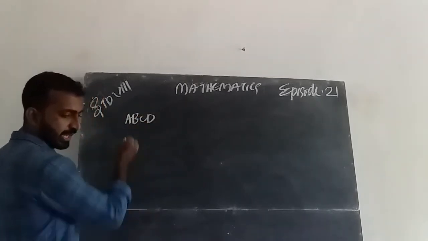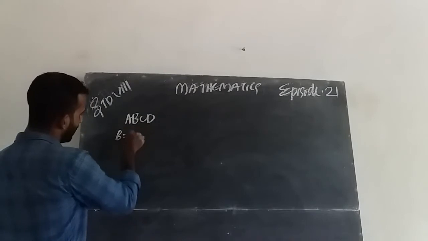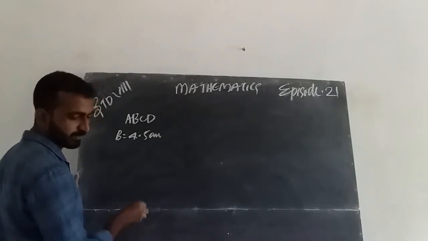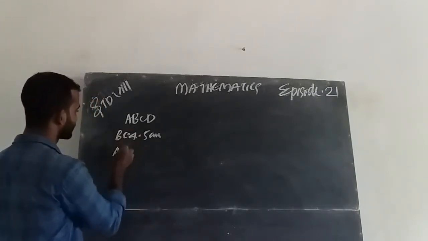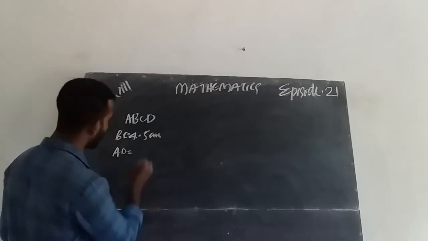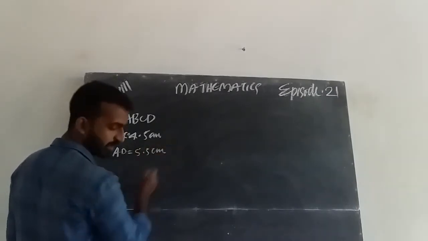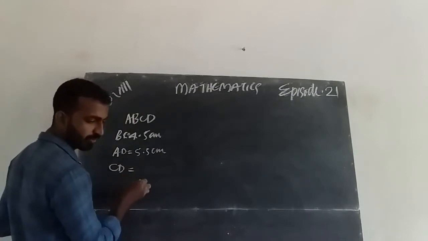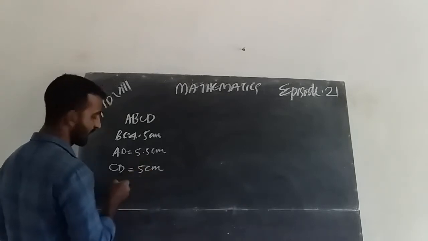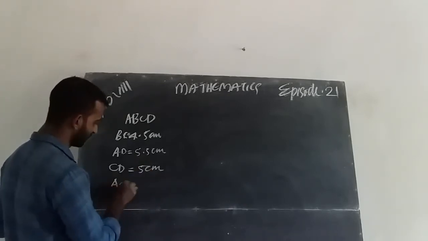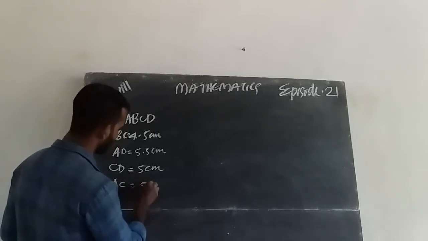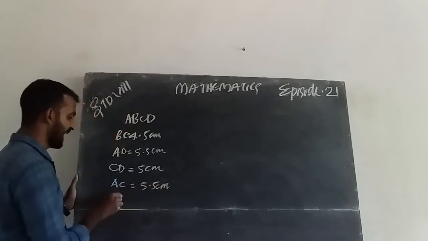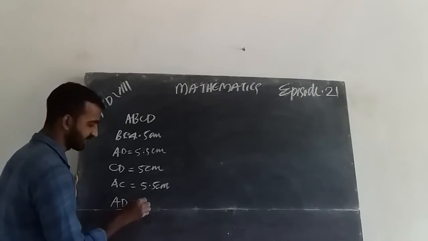That is, BC equal to 4.5 centimeter, AD equal to 5.5 centimeter, and CD equal to 5 centimeter, AC equal to 5.5 centimeter. That is, AC and BD are diagonals. That is 7 centimeter.